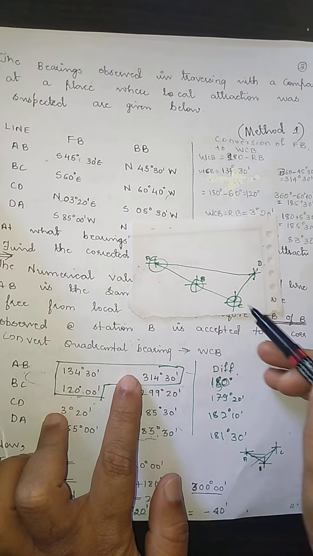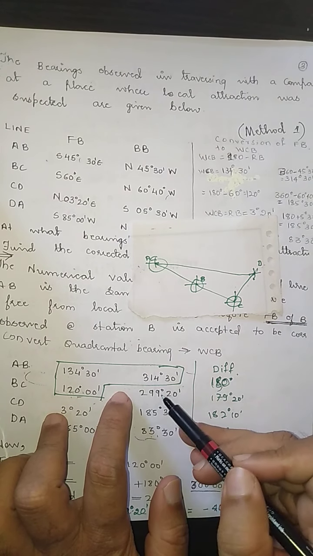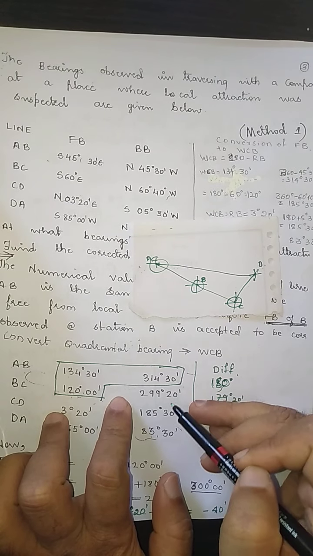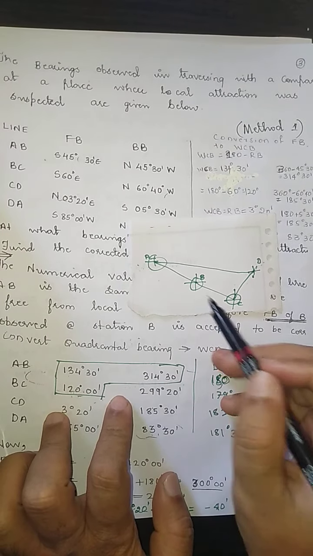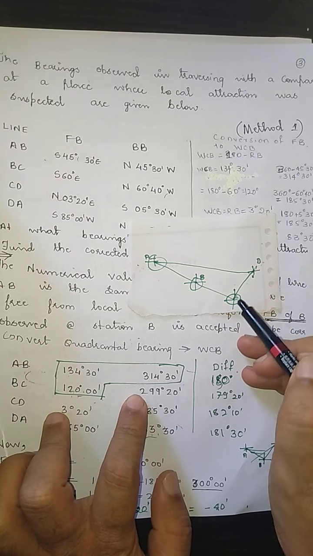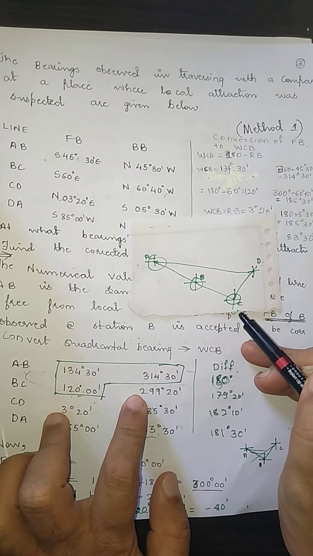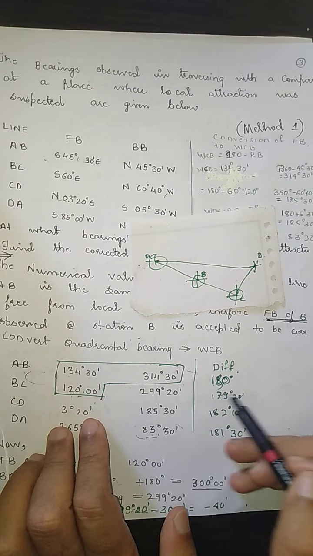Again, the fore bearing of the line BC is correct, but the back bearing of the line CB is not correct. We need to change it, because here the difference is not 180 degrees. Then again CD, the fore bearing, again here we are not going to get 180 degrees.